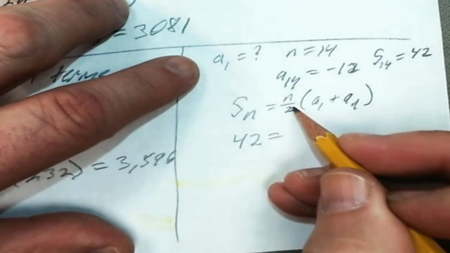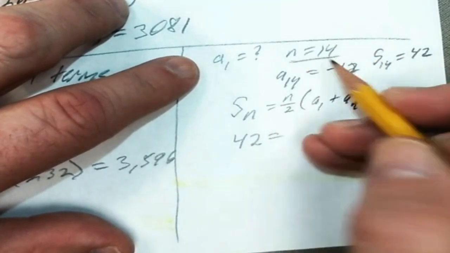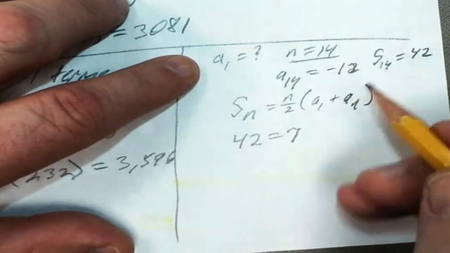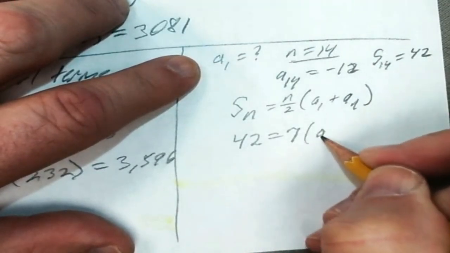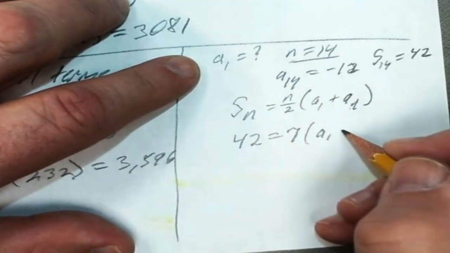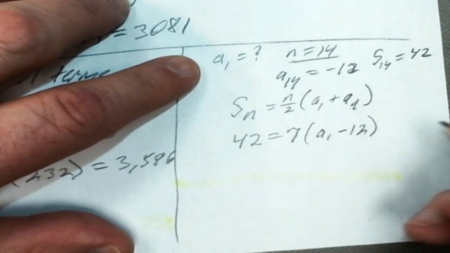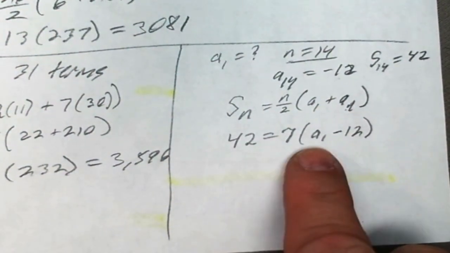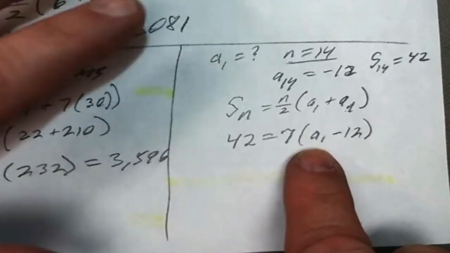We know n divided by 2 because we know there are 14 terms. So this is a 7, 14 divided by 2. We don't know what a sub 1 is, but we know what the last term is. It's -12, so minus 12. We're trying to solve this for a sub 1, which is fine. That's the only variable. We have all numbers.